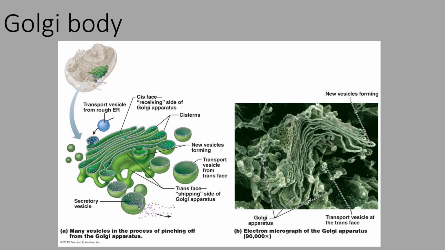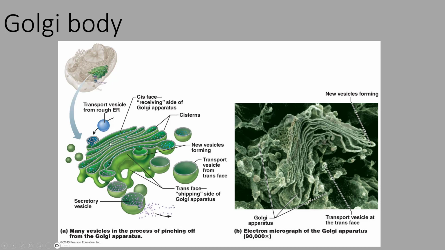Golgi body, Golgi apparatus, Golgi. This vesicle coming from the rough endoplasmic reticulum is going to bump up and merge with one side of the Golgi. And the protein that's trapped inside is now trapped inside of the Golgi.